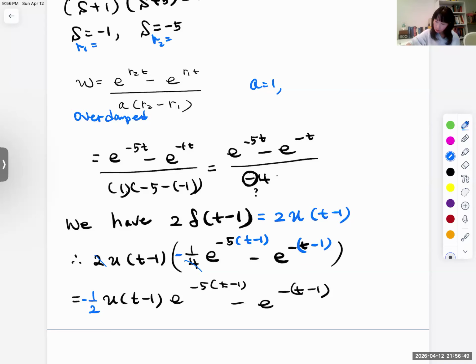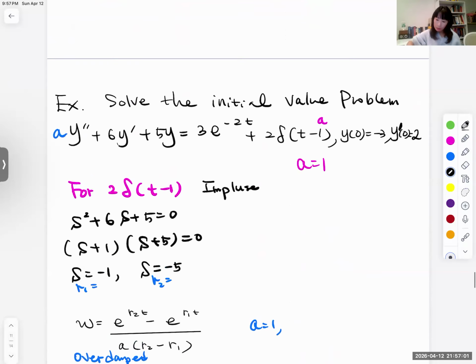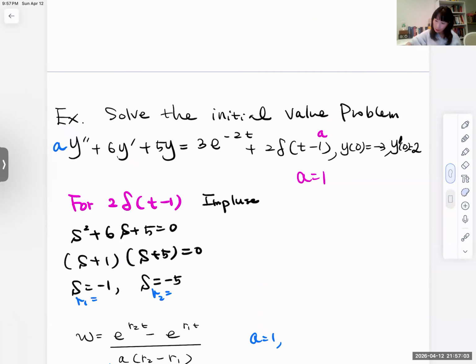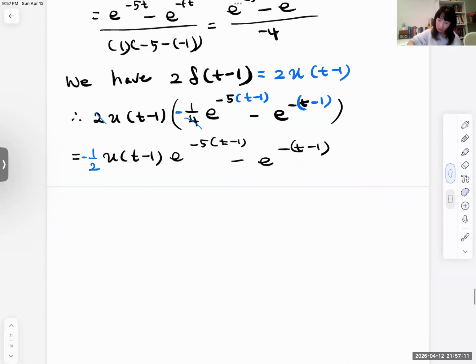So okay, negative 4. Okay. Let's do it. Let me copy everything. Copy.